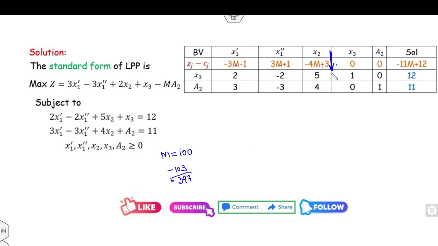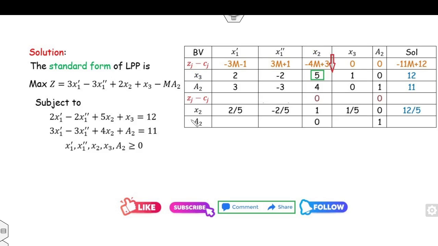Find the ratio. 12 divided by 5 is 2 point something. So the first number is 12 by 5. Second is 11 by 4. Which one is the minimum? It is 2.4, and 11 by 4 is 2.75. So this part is my minimum. Fine. So the pivot element is 5. Fine. So I can replace x3 with the variable x2.